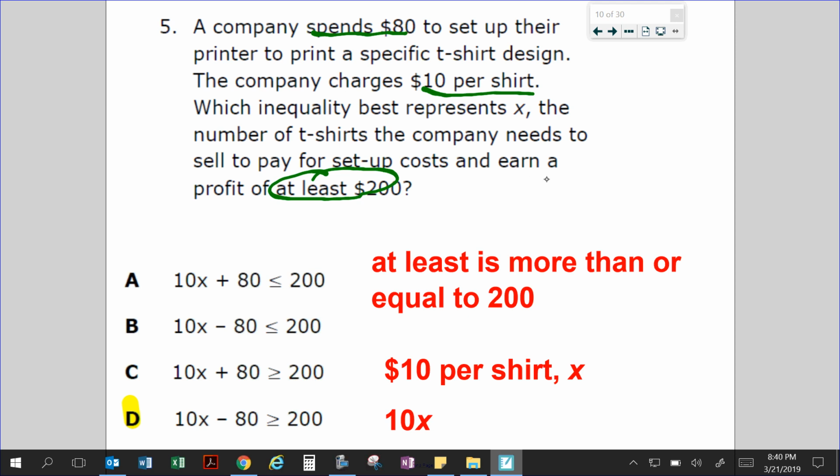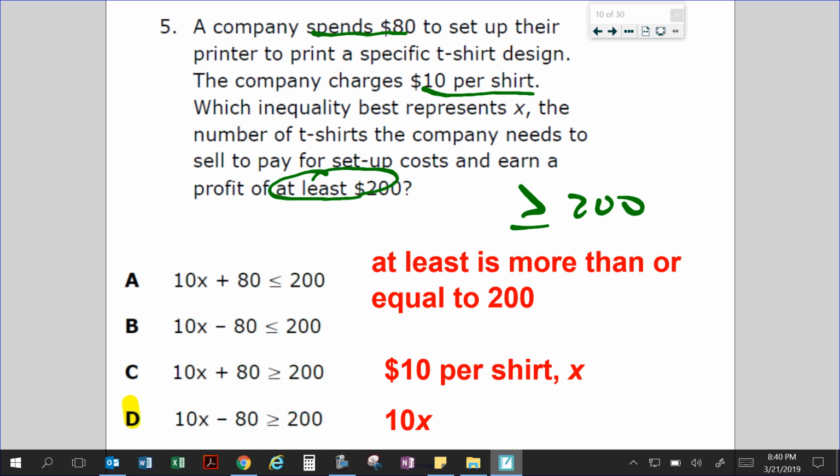At least means it could be more than or equal to. Well, wait, stop. It means at least, it's the lowest. So I wrote this backward. So more than or equal to.